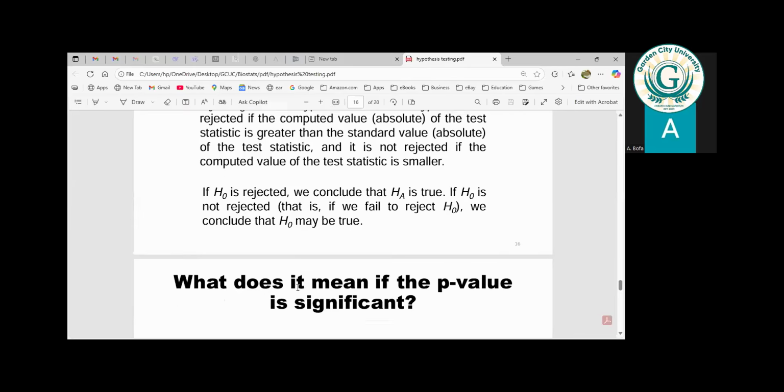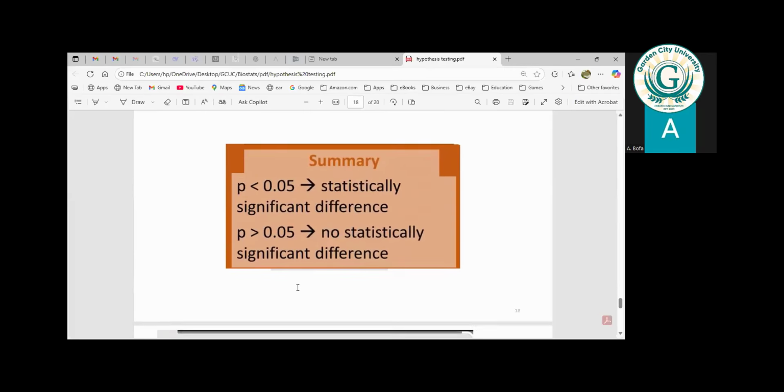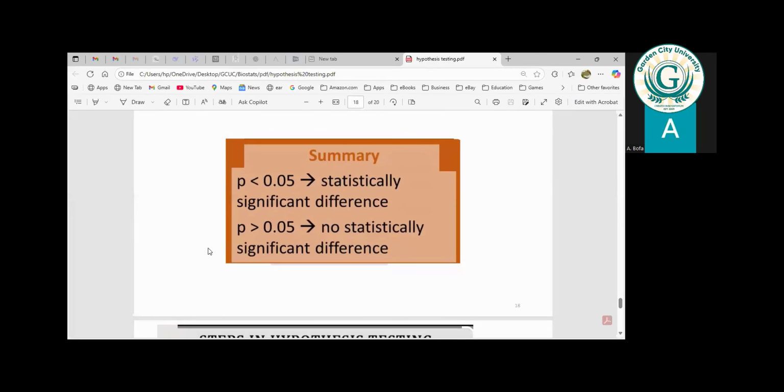I've also mentioned that whenever you reject the null hypothesis, it is statistically significant. There's enough evidence to reject it. This is what I summarized for you: whenever the p-value is greater than the alpha, you go for the null, and when it's less than alpha, you go for the alternative.